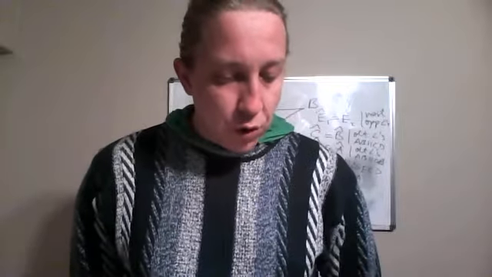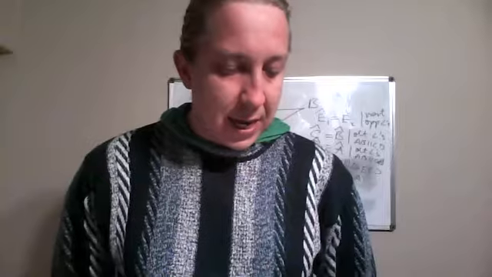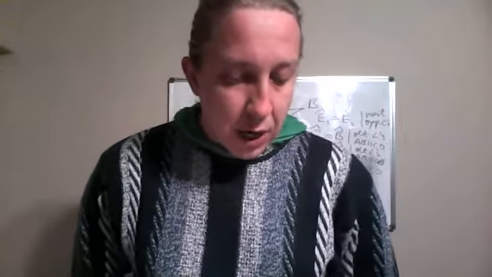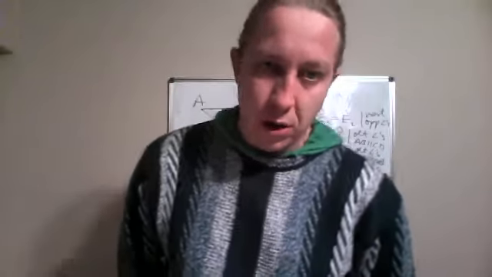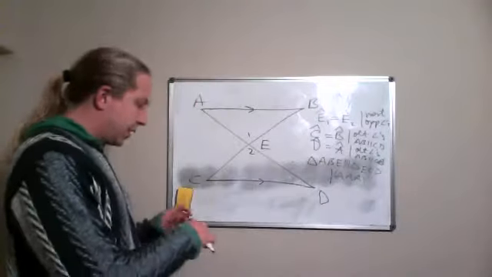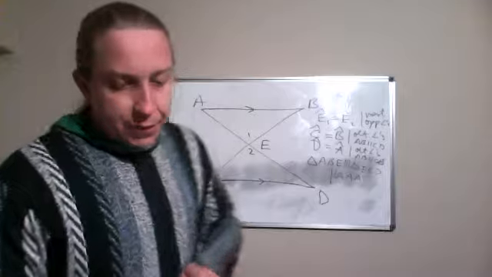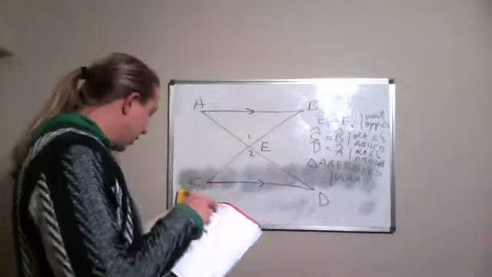Now, number 2 says if AB is 4 units, AE is 3 units, CD is 8 units, and CE is 4 units, calculate ED and EB with reasons. Let's first put all this information on the diagram.